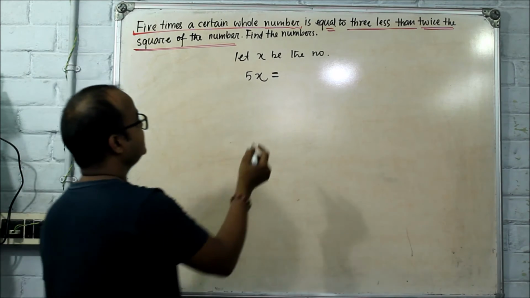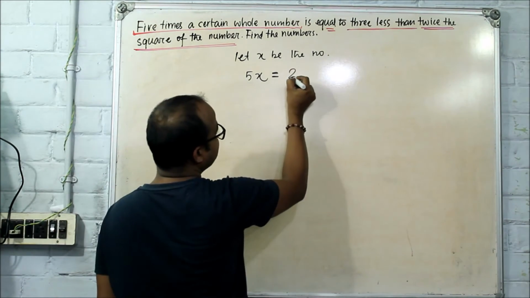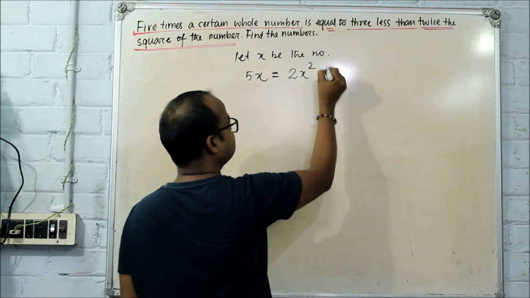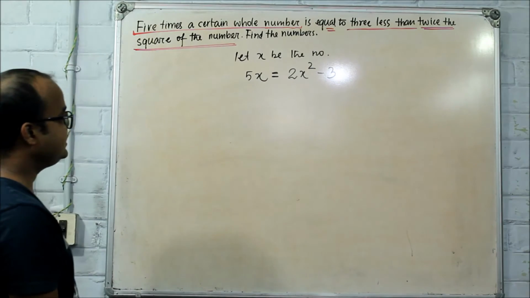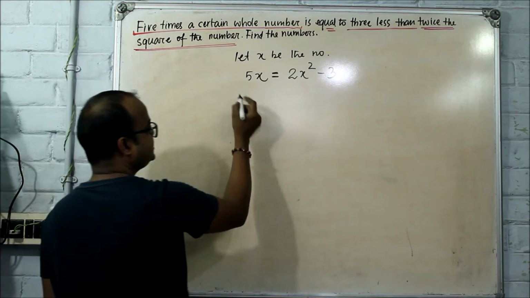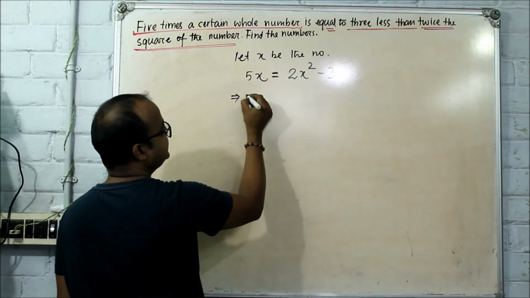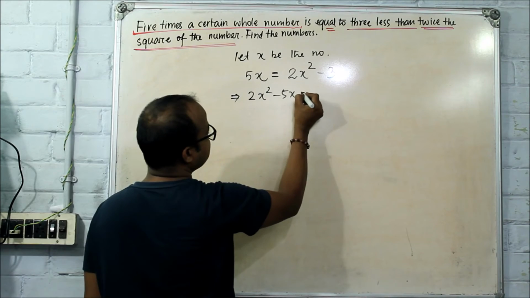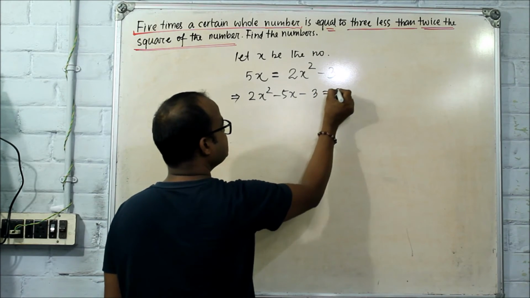Twice the square of the number. So twice the square of the number, and then it is 3 less than. So 5x is equal to 2x square minus 3. So if you take the term 5x to that side, you will get 2x square minus 5x minus 3 is equal to 0.